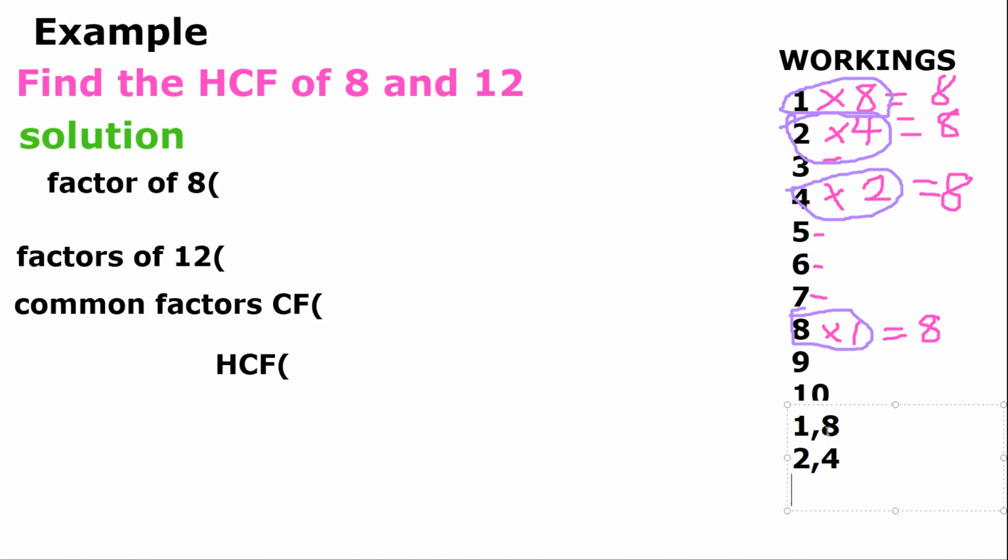Then 4 and 2. And 8 and 1. Okay. So these are the numbers. When you multiply, you get 8. So you are going to arrange them. We have 1 here.